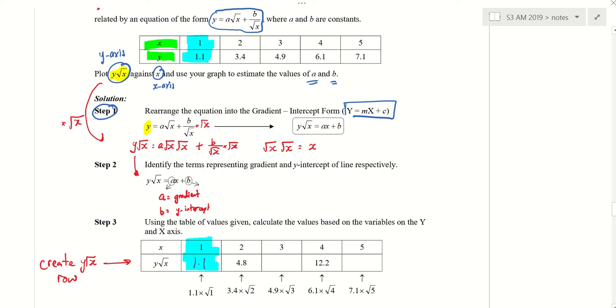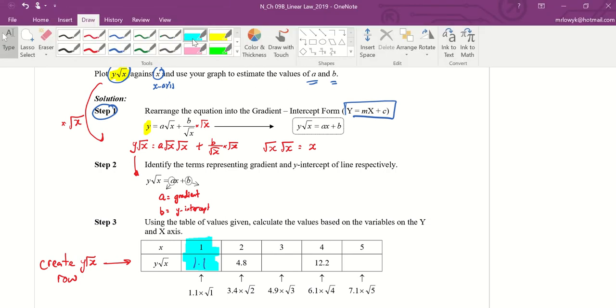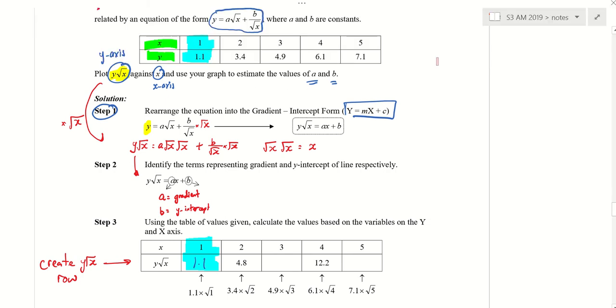Round up, please keep it to 1 decimal place because later on the graph paper, you are unable to draw to 2 decimal places. Now, look at 3 here. Anyone confused about what I'm saying? All clear. So I will link this to this value.